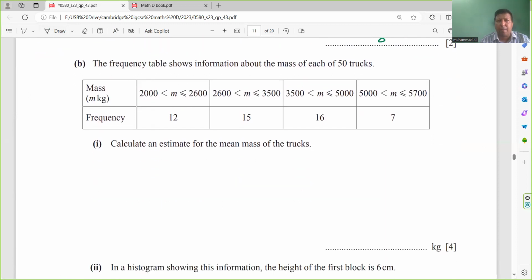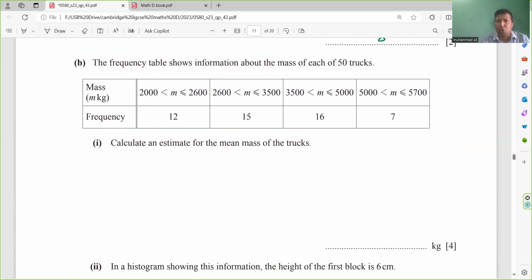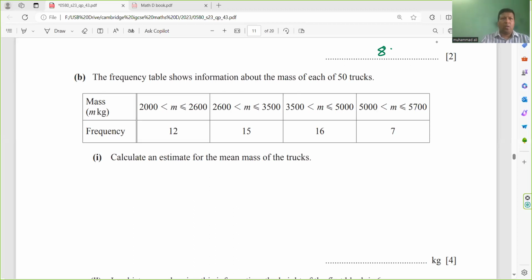Now part B. The frequency table shows information about the mass of each of 50 trucks. Here they give us the interval, mass, and the frequency. Mass m kg: m greater than 2000, less than or equal to 2600.